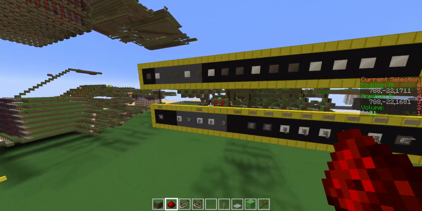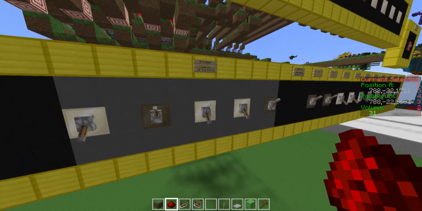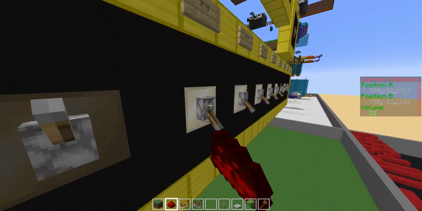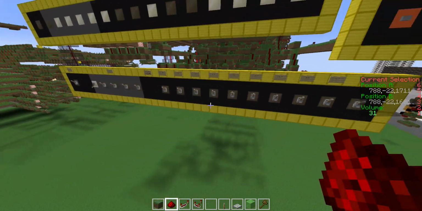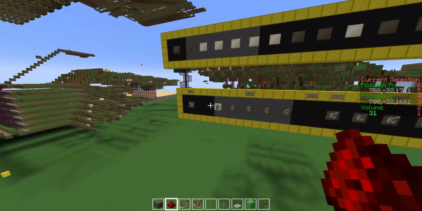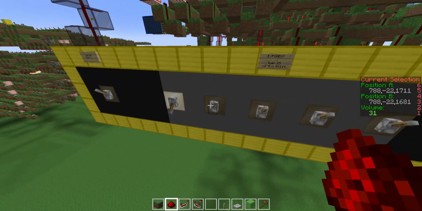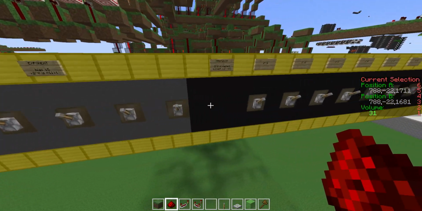So let's throw another number in, like 2. 2 is fun to represent because only 1 bit is on. That means that this is an exponent of times 2 to the 1.